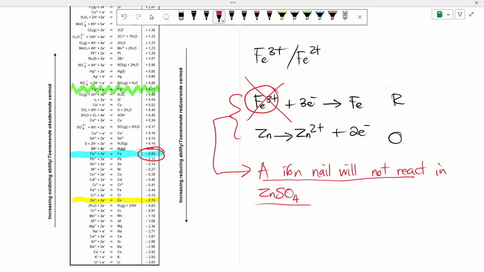Let me go to Google and ask quickly, will iron nails react in zinc sulfate?